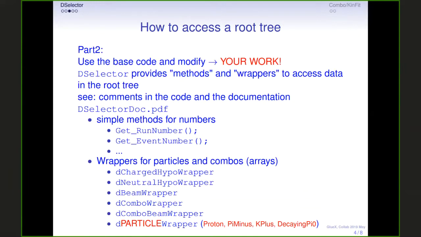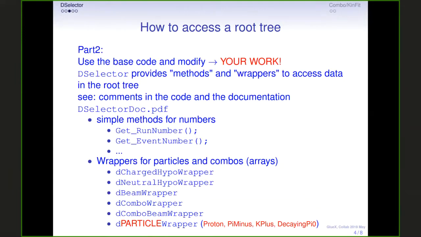Then the second part, the more complex part, are the wrappers that refer to particles in your root tree and combos. The first three of these wrappers, think of them like arrays, but they are complicated arrays because they also have methods. With these methods you can first of all set the index or the pointer to the right locations in the array, and then use the methods of these arrays or classes to access the data.